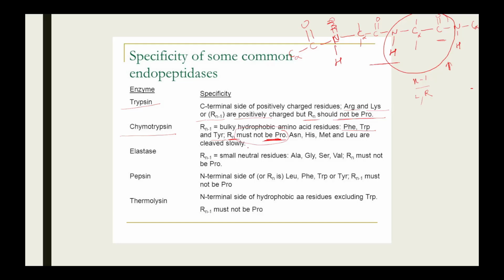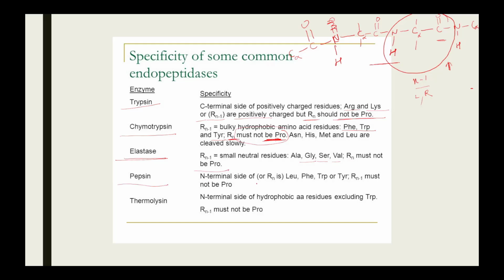So here also Rn should not be proline. Okay, then next comes elastase. There Rn-1 should be small neutral residues, for example alanine, glycine, serine, valine, and Rn must not be proline. Next comes pepsin.